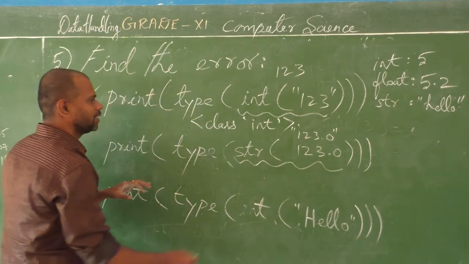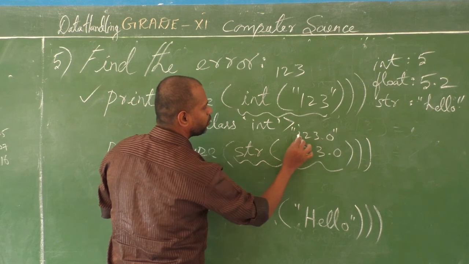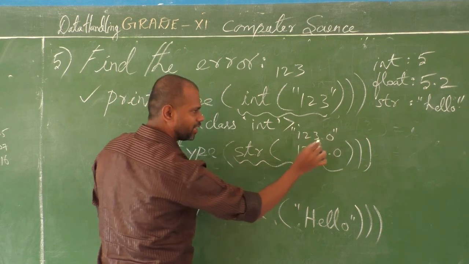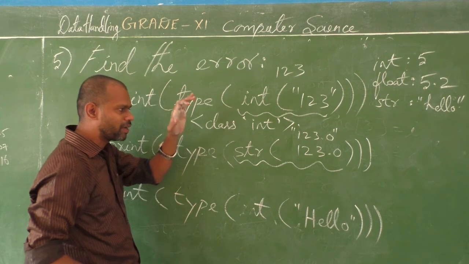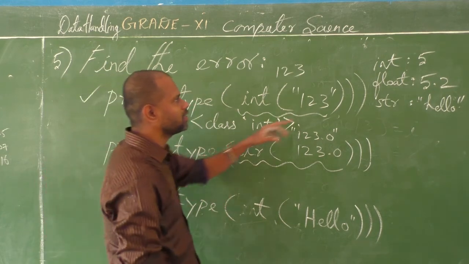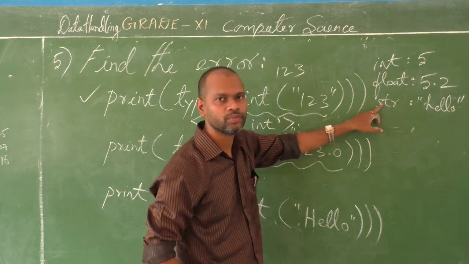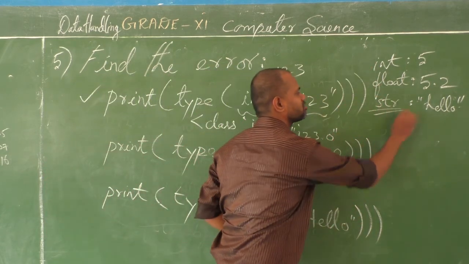Now this double-quoted 123.0 is a string. It is asking what type it is. If you press enter, among the three, it will show string.